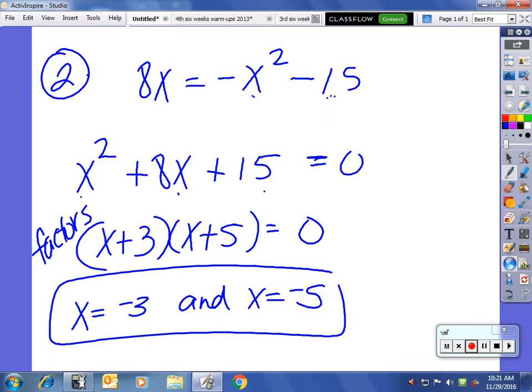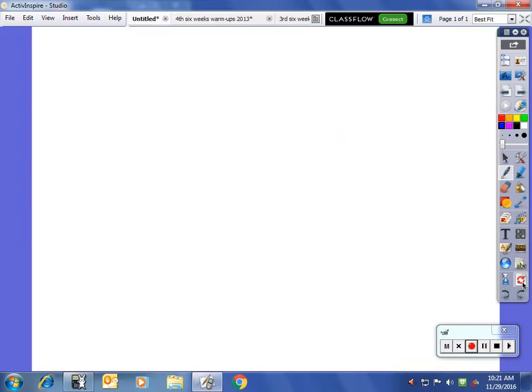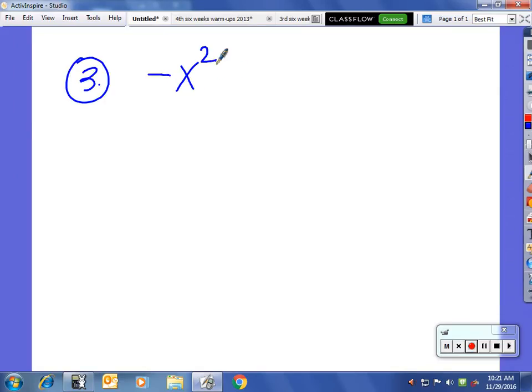All right, look at number 3. Negative x squared equals 5x. Who can put that in standard form for us? Jason? X squared plus 5x equals 0.